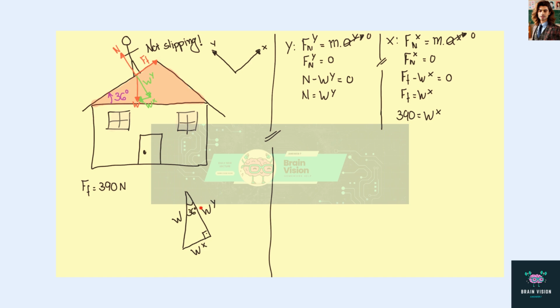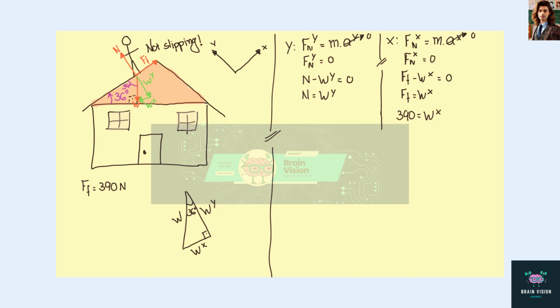Why is this angle equal to 36 degrees? Well, just take a look at the figure. This angle is 36 degrees. At the same time, there is a right angle right here. Then, this triangle is a right triangle. Therefore, if this is the 90-degree angle, this other angle here will be 90 minus 36 degrees, which is equal to 54 degrees.